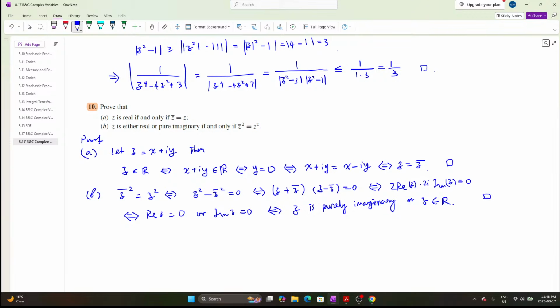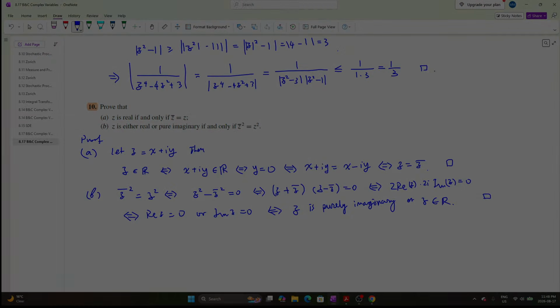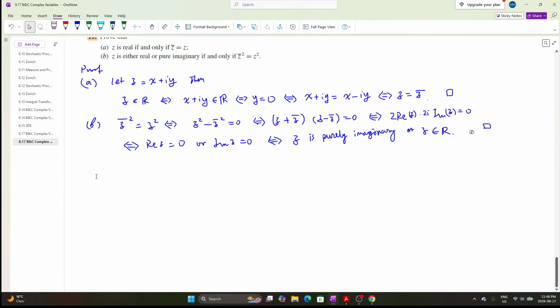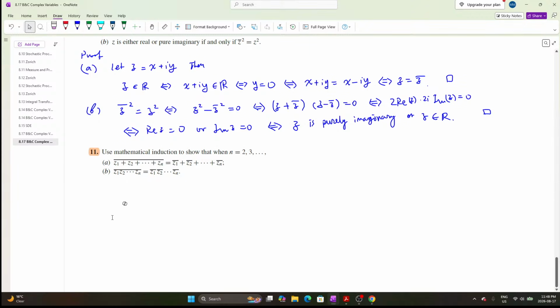Okay, that's number 10. Number 11 is an induction problem, and it's very similar to all the other inductions we've done so far.